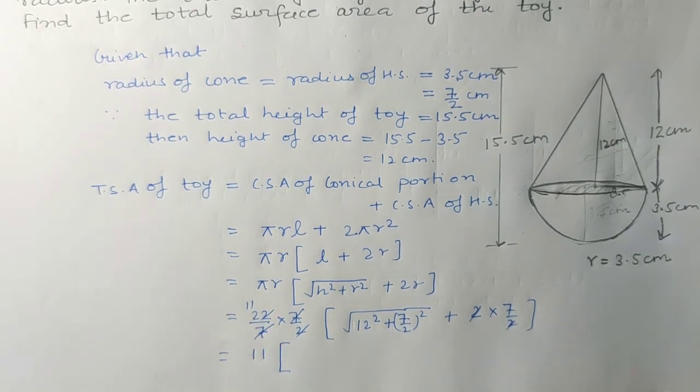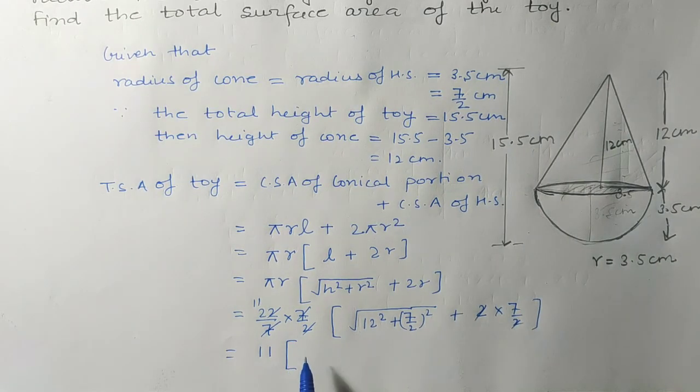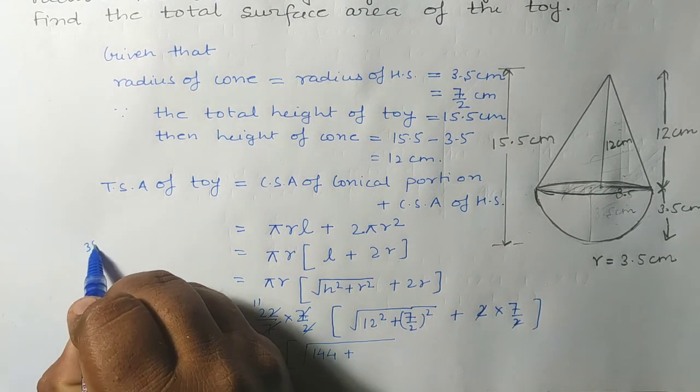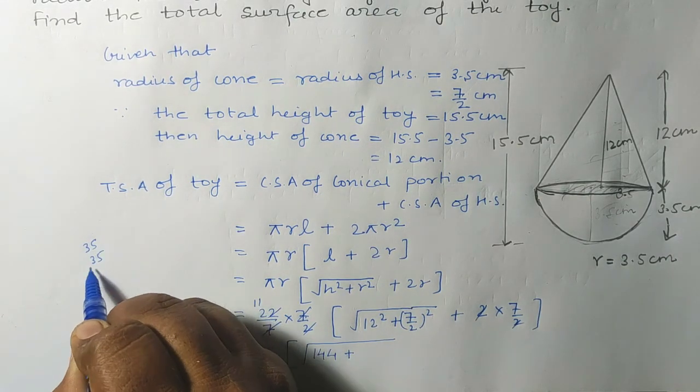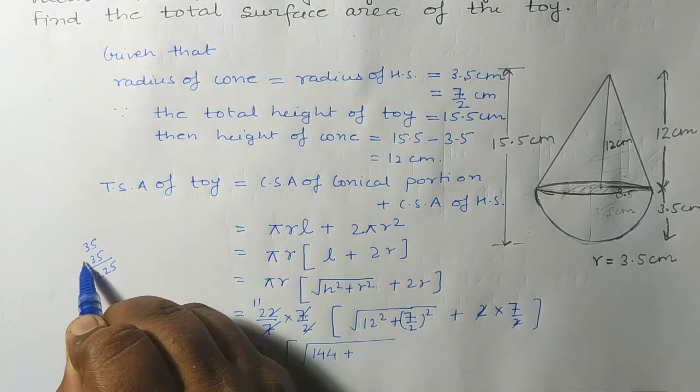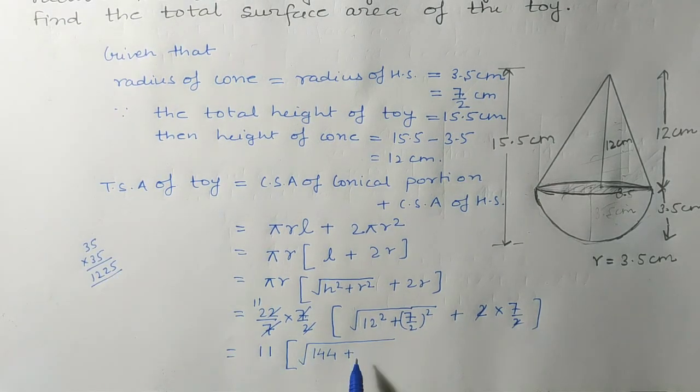In the bracket we can write 12 square is 144. And if you write r as 3.5, then it will be the square of 3.5. What will be the square of 3.5? If you calculate 35 square, that will be 1225, means it will be 12.25.